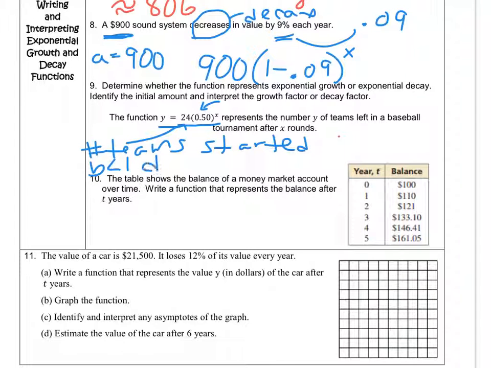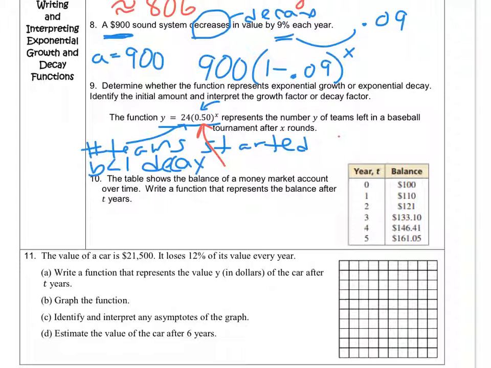So it's a decay, and our teams are decreasing by 1/2 each round, and I get the 1/2 by looking at the 0.50. So the teams are decreasing 1/2 each round.